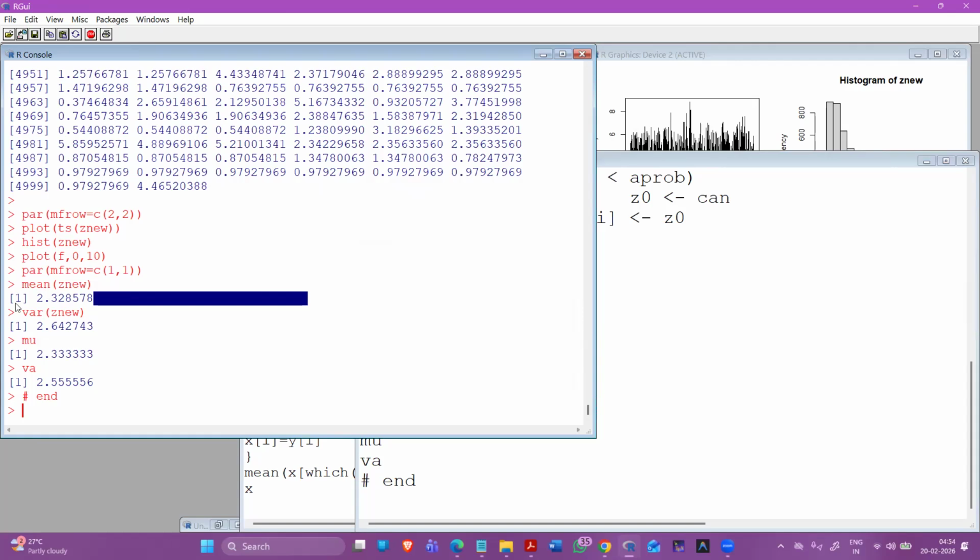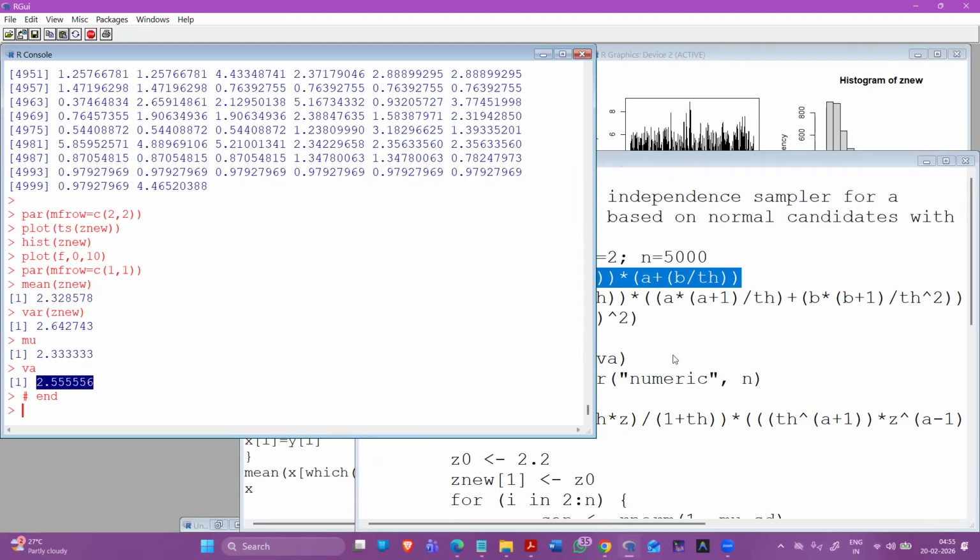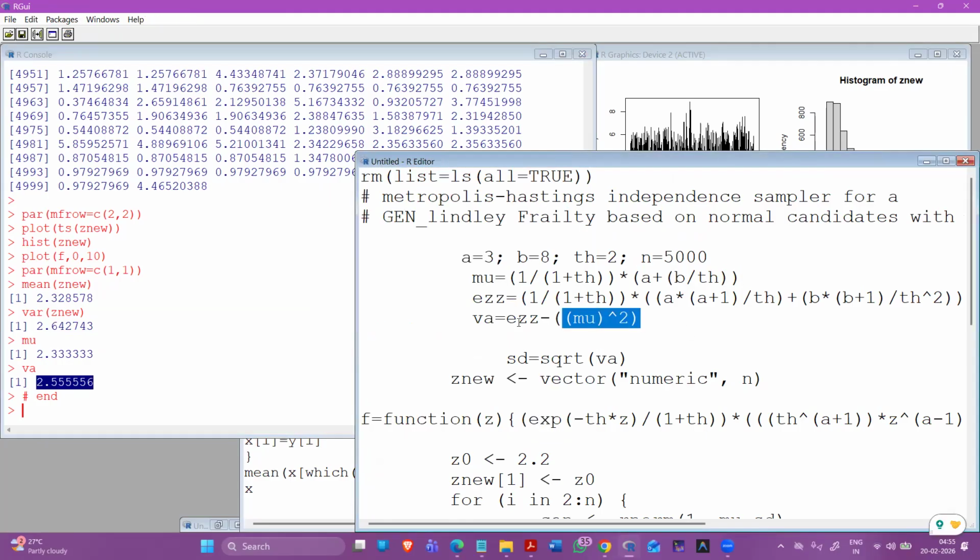If you just see here, 2.32 is the mean of my generated values and 2.64 is the variance of my generated values. Here I am having the mean 2.33, that is my exact mean from this formula, and this was my exact variance from this formula.